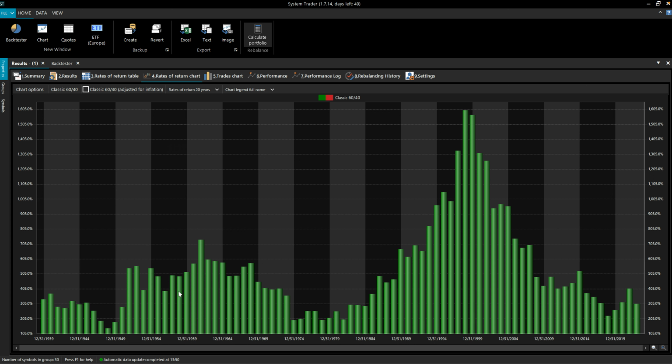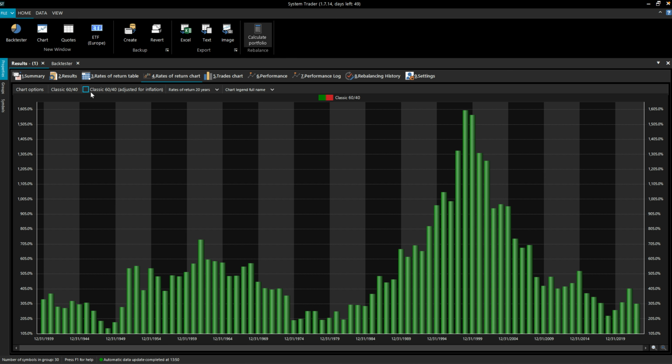So we see that there was no single 20-year period for that portfolio when we wouldn't have any profit in nominal terms. It was at worst here 140% for 20 years, but we had also 20 years here at the end of the 90s, where after 20 years we would have almost 1600% profit in nominal terms.